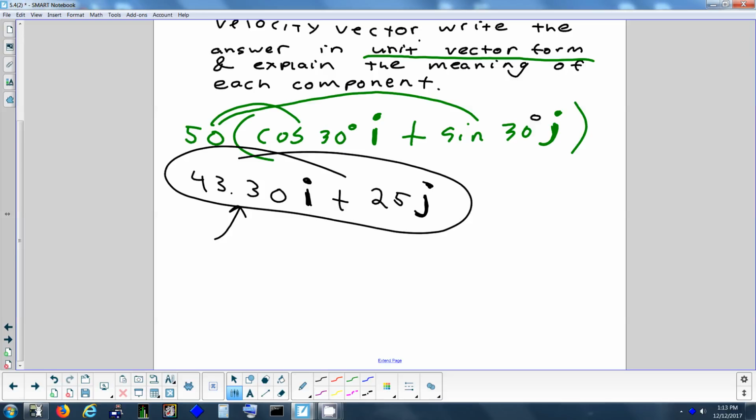So that 43.3 is a speed component. Did you say just multiply the 50 by the cosine 30? Yeah. So what speed is that, 43.3?